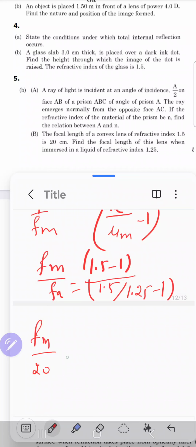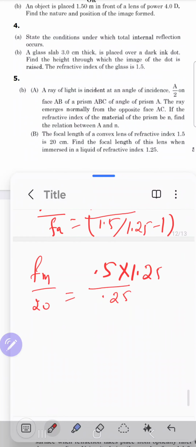So this is 20. This would become 0.5 over, 1.5 minus 1.25, so this would become 0.25 over 1.25. It would go to the numerator. So this will become 0.5 into 125 over 25 into 20.